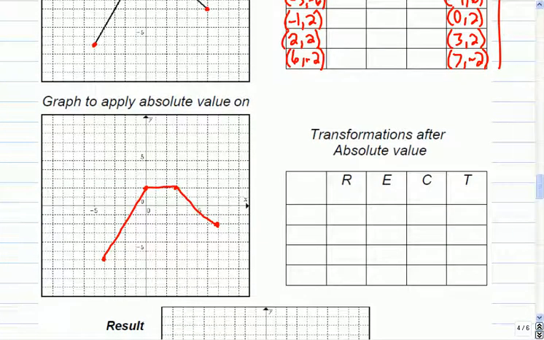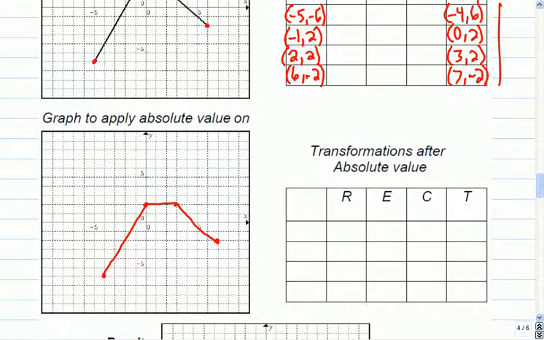So again, I'm doing this very, very slowly on purpose. With an example like this, if we were done this unit, this lesson, I would expect you probably would go through it quicker than I am. So I just want to show you the process. Okay. So these are the points now: -4, -6, 0, 2, 3, 2, and 7, -2.